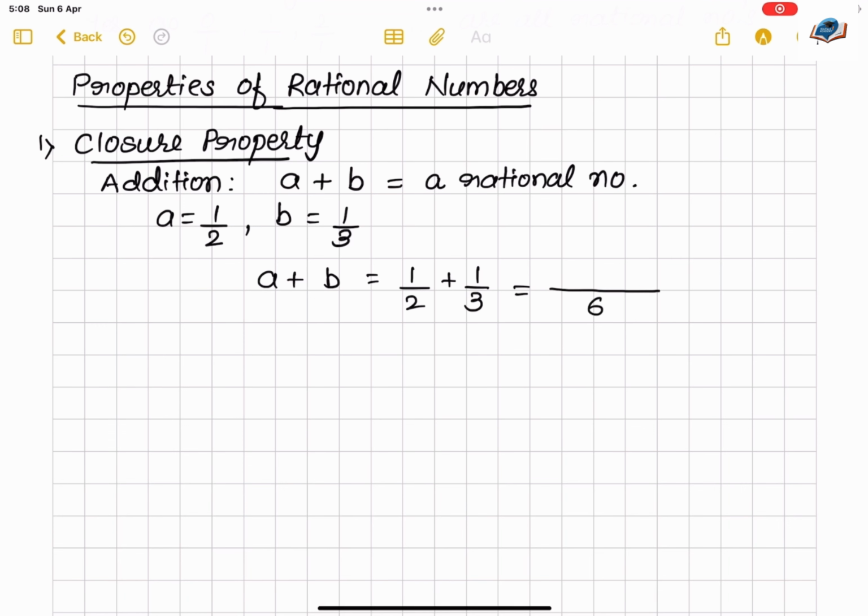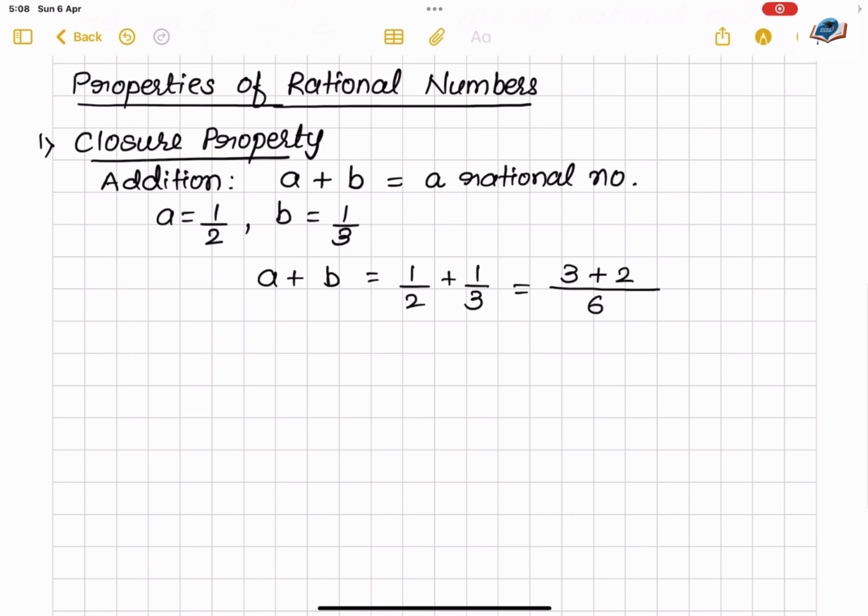So 2 threes are 6, so 1 threes are 3, and 3 twos are 6, so 1 twos are 2. My answer came as 5 upon 6, which is a rational number. So I can say it is written in P by Q form. Therefore, rational numbers are closed under addition.